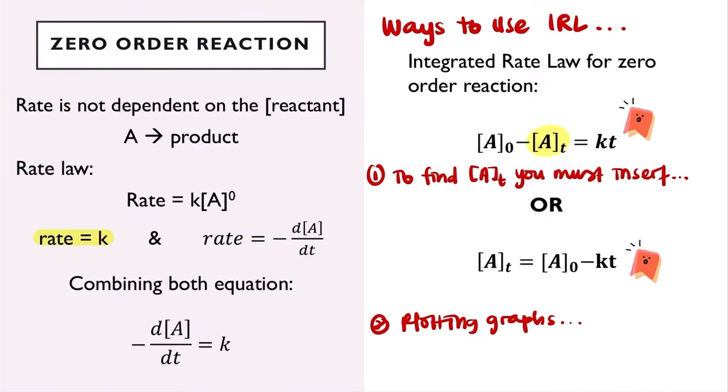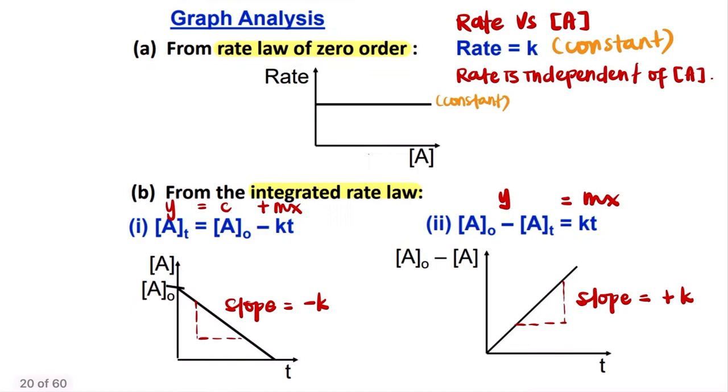Another way to use integrated rate law is by plotting graphs, okay. If you remember y equals to mx plus c, then you can easily get your rate lah. So the first type of graph for zero order reaction is using rate law.